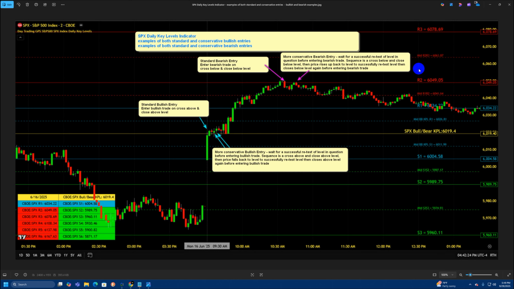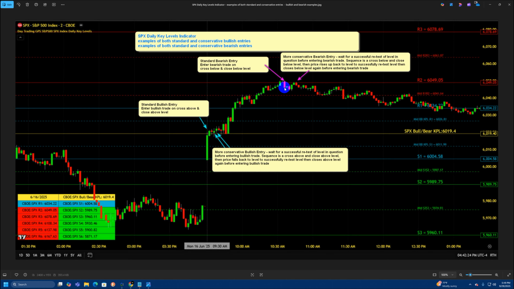And again, on the new V2.0 indicator, it will auto plot that level for you if you enable it. Now, looking at the more conservative bearish entry, it's just like the bullish one that we did, except in reverse. We're waiting for a successful retest of this level before entering the bearish trade. In this sequence, we have a close below candle.